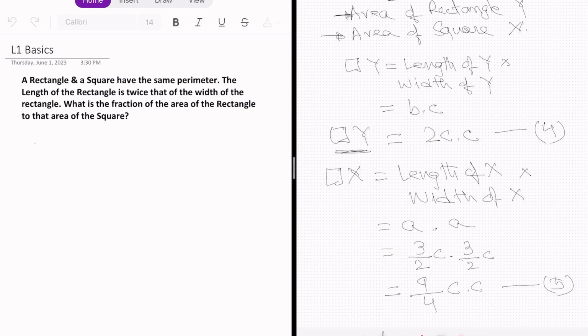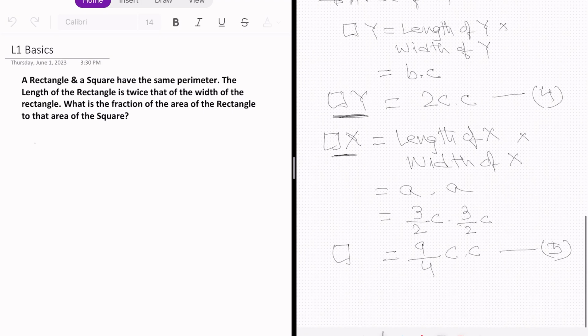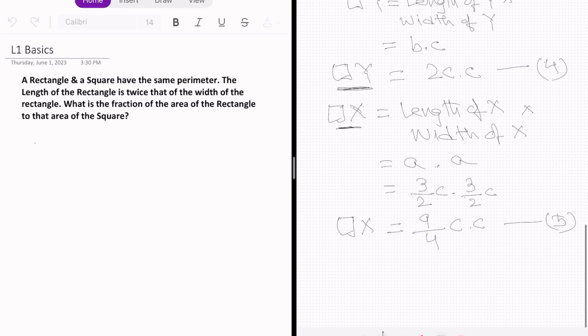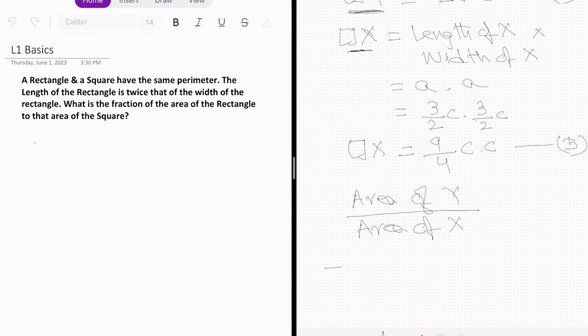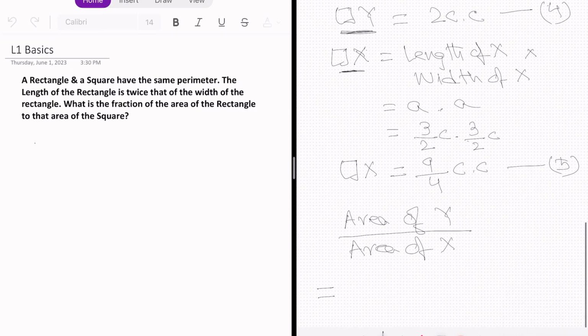Now for the answer, I have to find the fraction of the area of the rectangle, which is y, to the area of the square, which is x. So the area of y divided by the area of x is what I have to find out. From 4, the area of y is 2 into c into c, divided by the area of x.